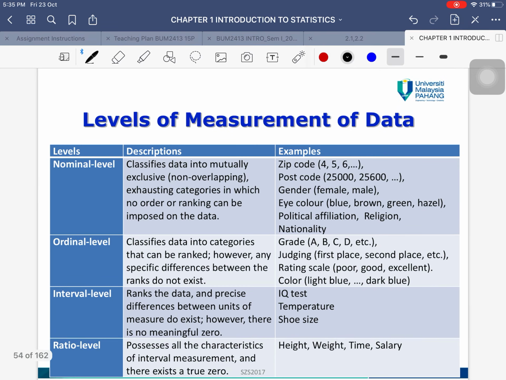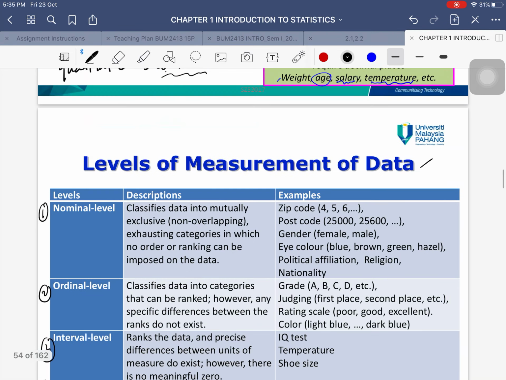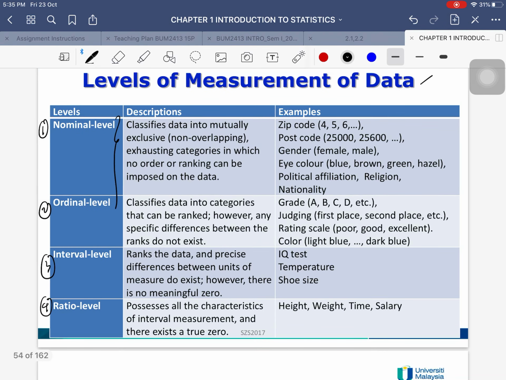So we can classify whether data are qualitative or quantitative. And then we can also classify them according to the level of measurement. It's going to be pretty much the same idea as previously. For level of measurement, there are 4 levels altogether: nominal, ordinal, interval level, and ratio level. As we have seen previously, nominal and ordinal fall over here, so this involves qualitative data.